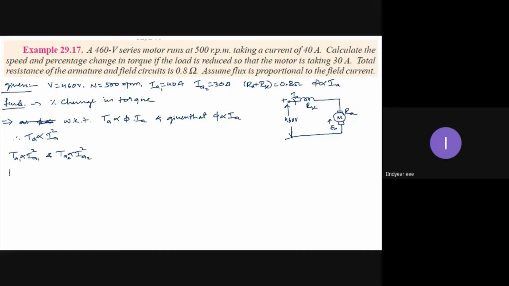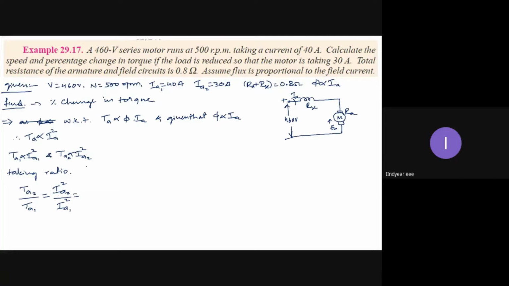By taking the ratio, I can write TA2 by TA1 is equal to IA2 square by IA1 square.